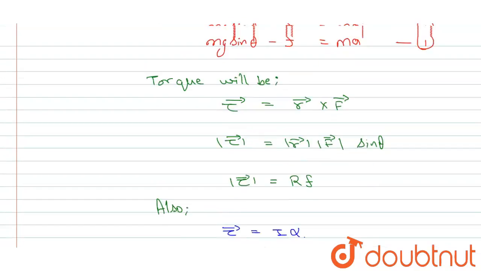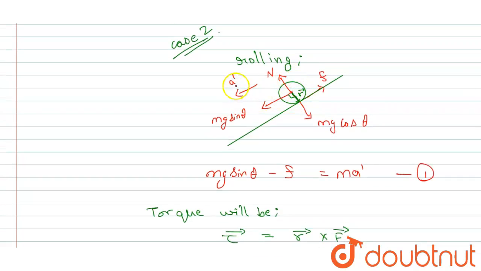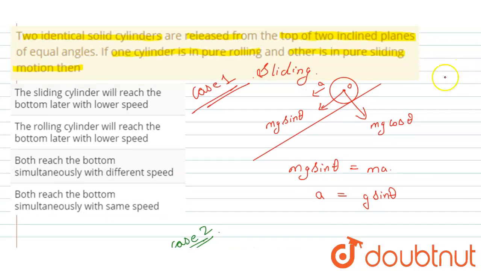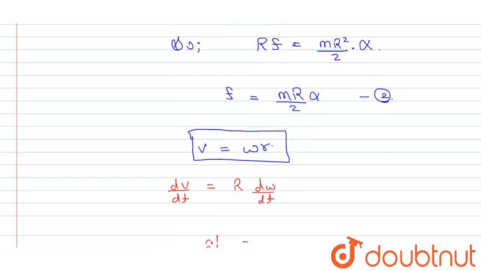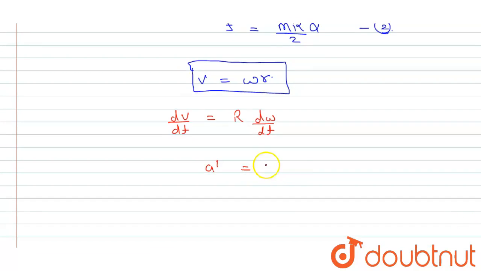The acceleration of the rolling cylinder is a dash and the sliding acceleration is a. So we got a dash equals r alpha. Now using equation 2, we get f equals m a dash by 2.